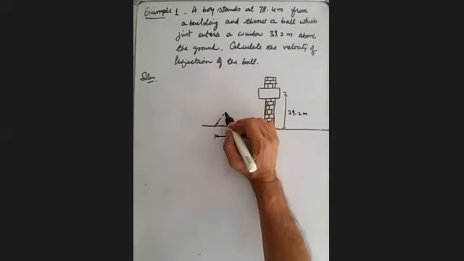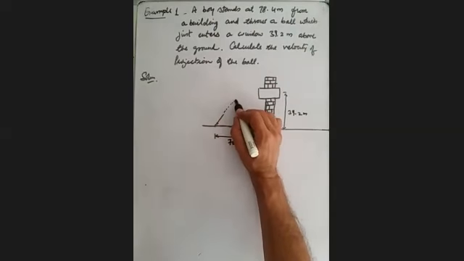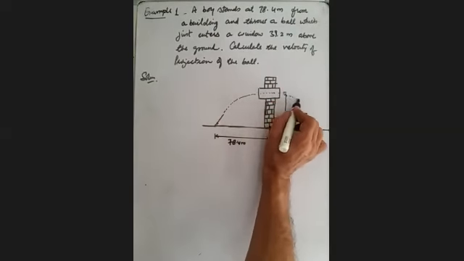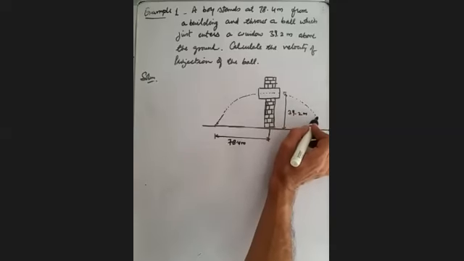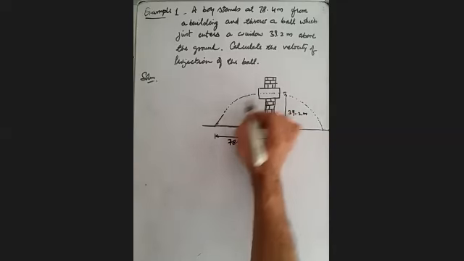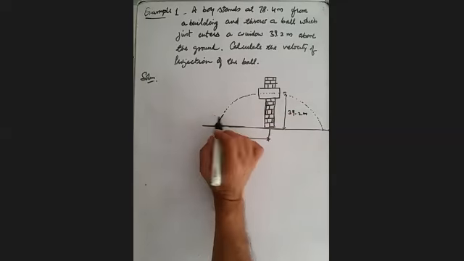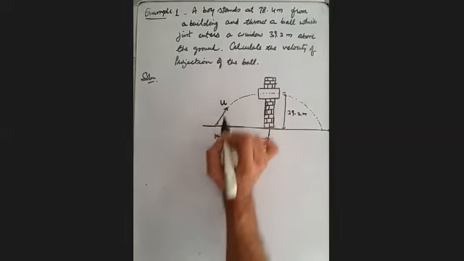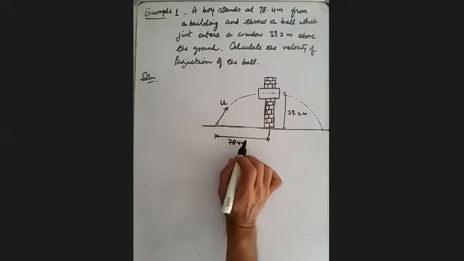enters the building, and it will be moving along this path. So when he throws the ball like this, it is moving along this path. So this is the initial velocity with which he is throwing the ball.